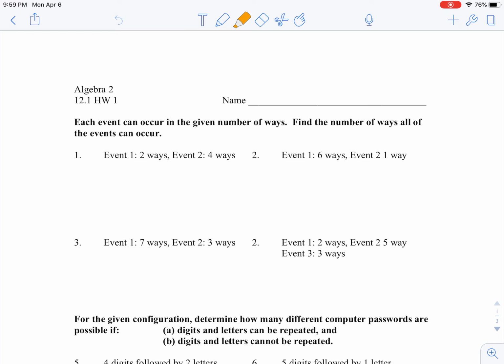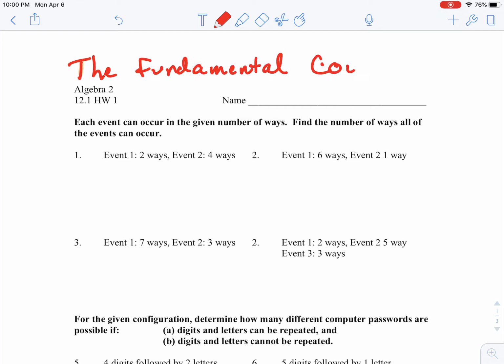And this is actually, we're going to get into probability and statistics. So this first section is called the fundamental counting principle. Okay, I think it's LE.